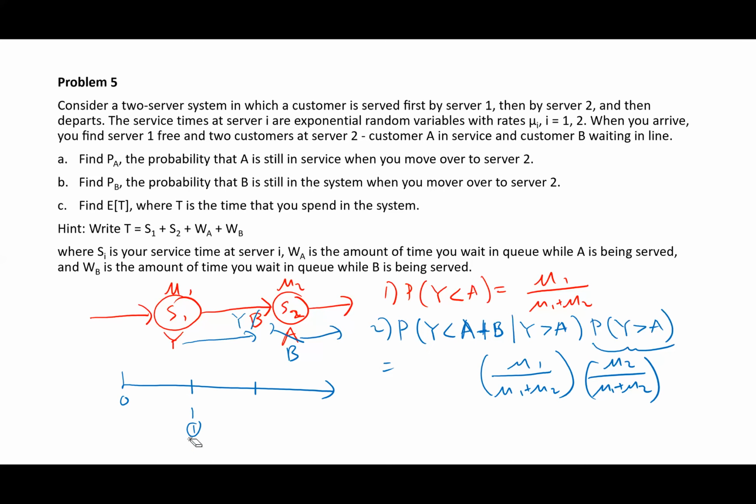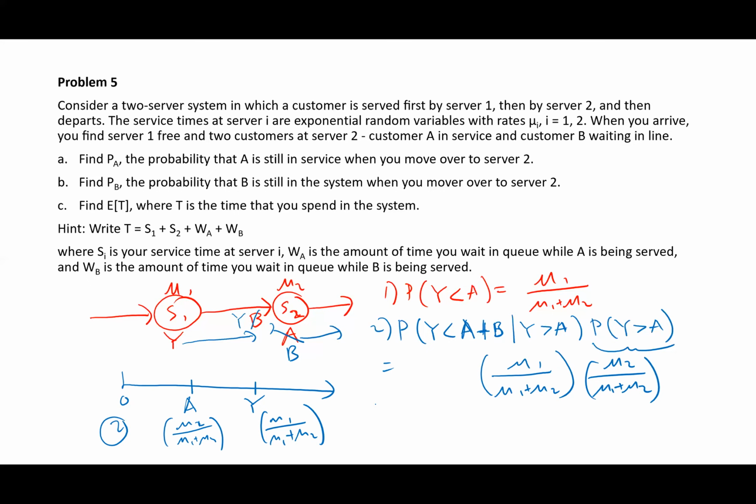The other case is A finishes before me, Y, and then the next event is Y, me, finishing. If those two things happen, then I'll be waiting for B, right? So this probability was mu2 over mu1 plus mu2, and this probability is mu1 over mu1 plus mu2. You have to multiply those two things because they have to happen in consecutive sequence. So this is represented by number 2, right?